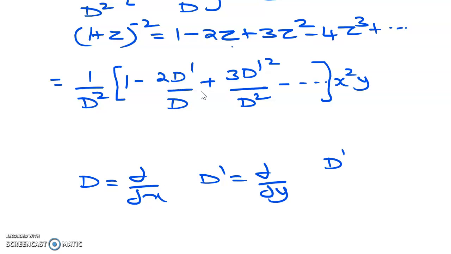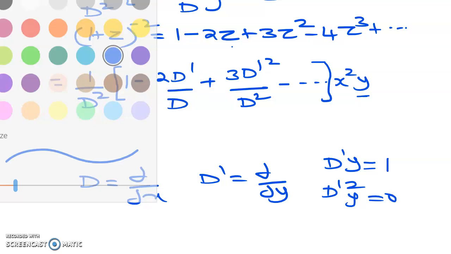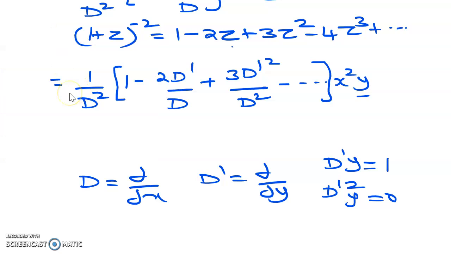D dash of y, because I have y, the partial derivative with respect to y, is 1. Again, when I use D dash squared of y, it is equal to 0. With this in mind, I can cancel all the higher powers in D dash.